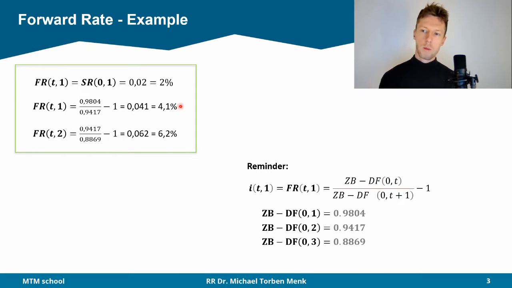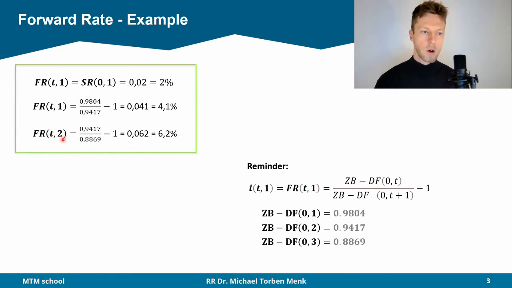So this will be, seen from right now, the fair forecasted interest rate derived by the market right now between 1 year in the future to 2 years in the future. 4.1%.